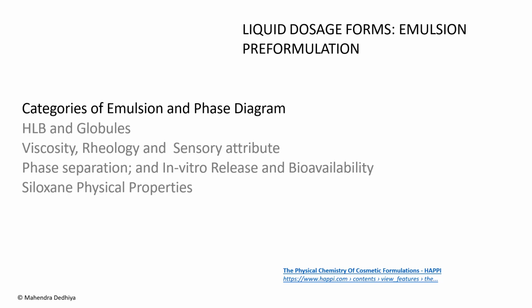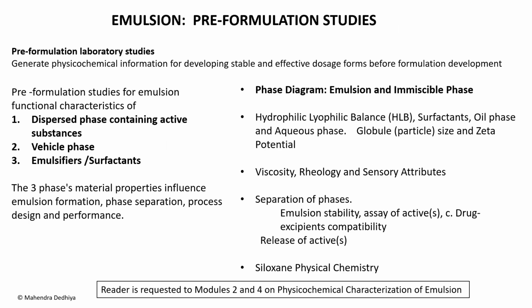Preformulation includes categories of emulsion and phase diagram in this module. Let's look at preformulation studies conducted in emulsion. Preformulation laboratory studies generate physicochemical information for development of effective and stable dosage form before we initiate formulation development.